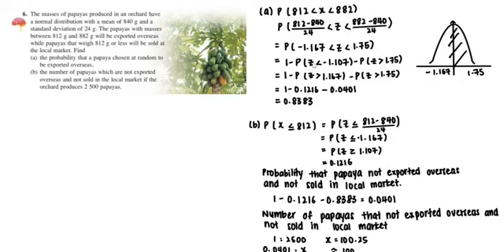So the total probability is 1, and we subtract: the probability z-score less than negative 1.167 minus the probability that the z-score is more than 1.75.